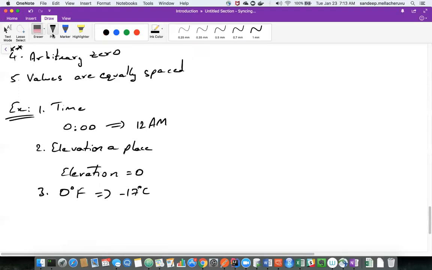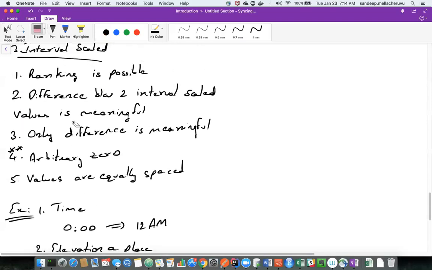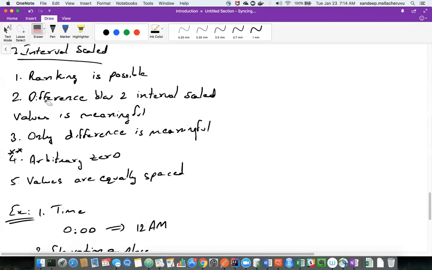If you ask me the difference between the heights of 0, 1, let's say, centimeters, 1 centimeter, 2 centimeters. What is the difference? All are equally spaced. Similarly with time.